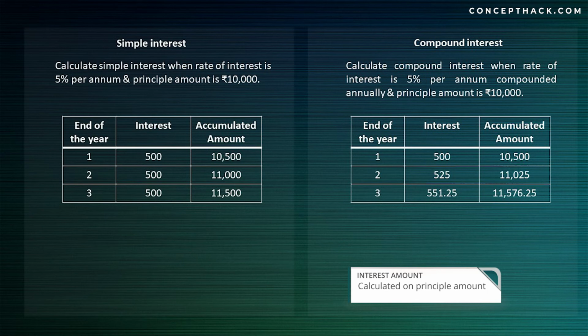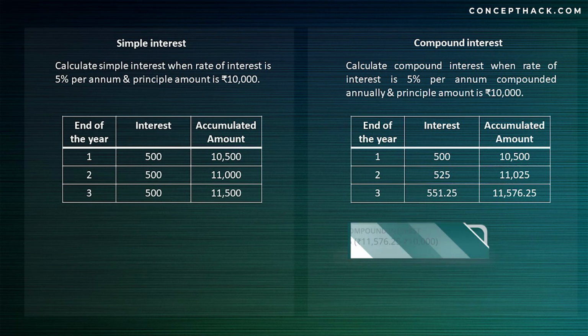My accumulated amount will be 11,576.25, which is principal amount plus interest of first year plus interest of second year plus interest of third year. Therefore, compound interest for 3 years will be 1,576 rupees and 25 paise. That is accumulated amount at the end of third year, that is 11,576.25, minus principal amount, that is rupees 10,000.